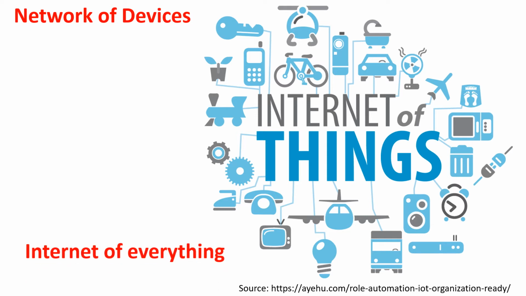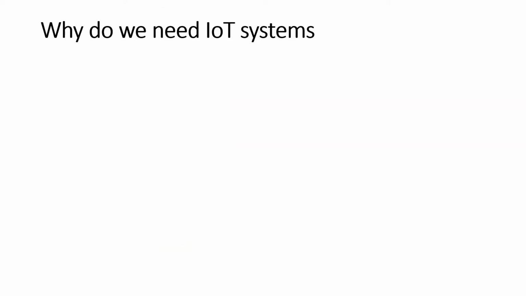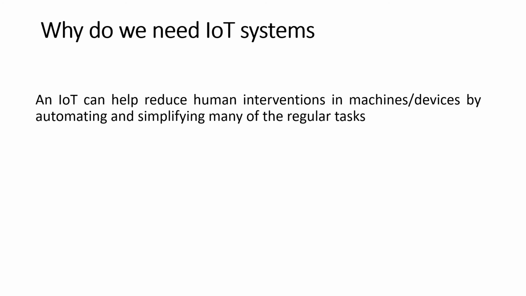Others may say Internet of Everything, as long as these devices have the intelligence to connect to the Internet. Then, why do we need an IoT system? IoT systems have been able to reduce human intervention in machines or devices because they help with automating and simplifying many tasks that would have otherwise been done by human beings.